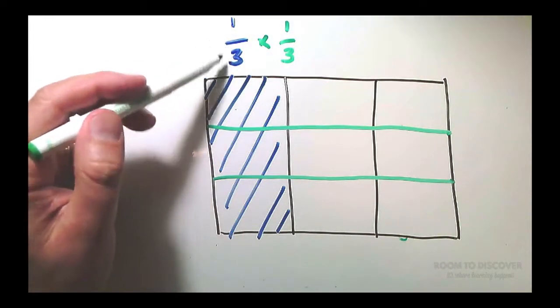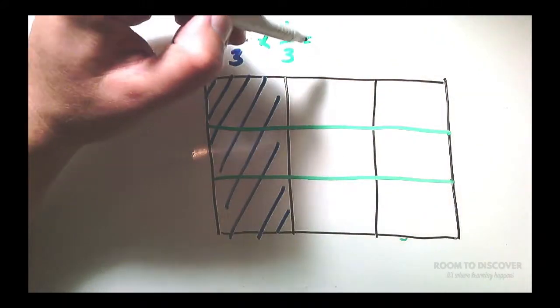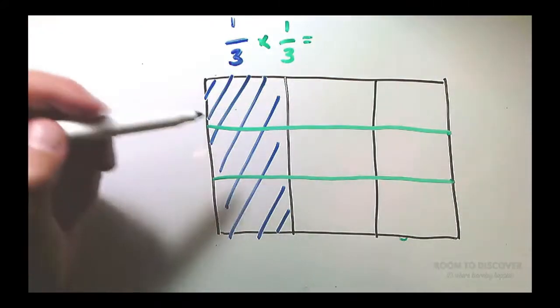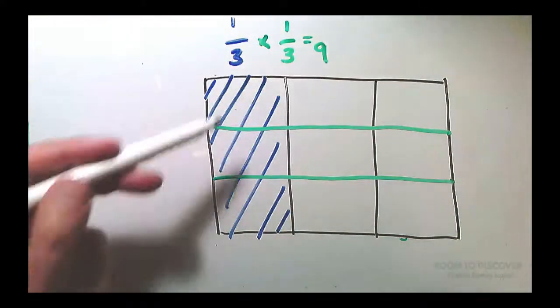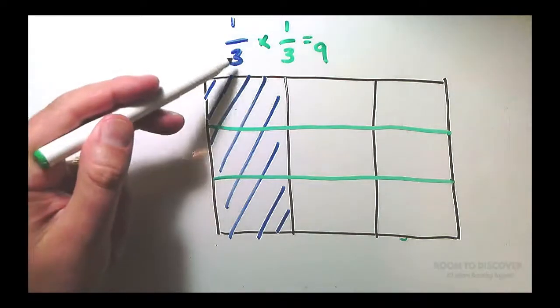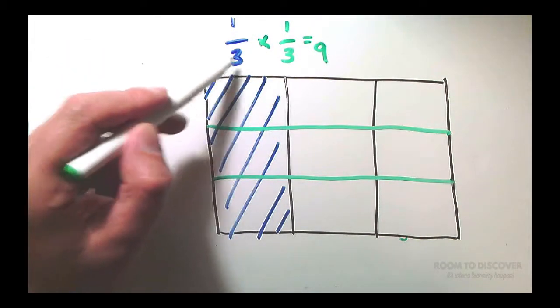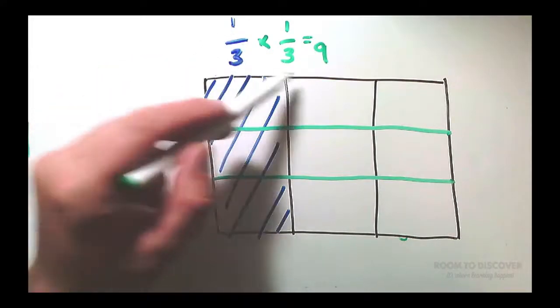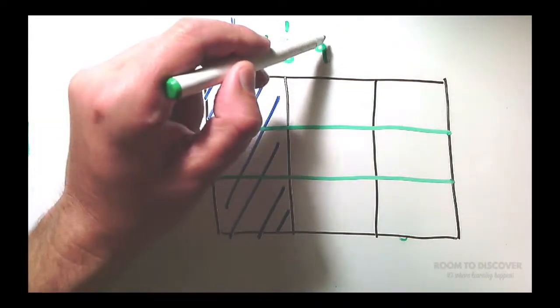So if I multiply 1/3 by 1/3, I don't yet know what my numerator is, but I've cut it so that it's now in 9 pieces, right? 3 times 3 is 9. So I feel like that's pretty interesting and pretty cool, that to multiply a fraction by a fraction, at least for this one step, I just multiply the bottom by the bottom.